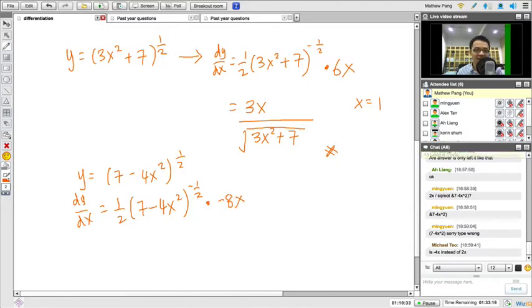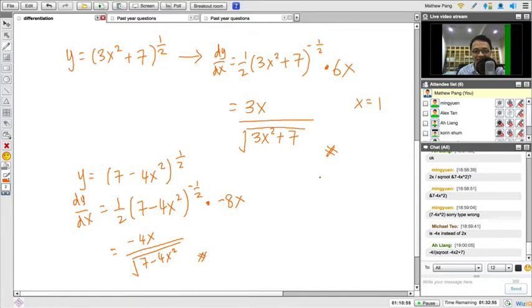Isn't it? So this one I can multiply with this one, I will get negative 4x. Alright, then because this is power negative, it means over the square root of 7 minus 4x squared. Yes, this is the final answer.